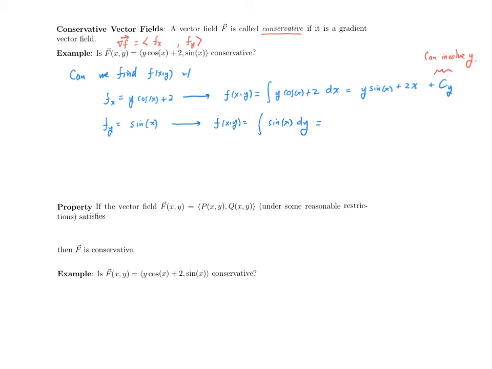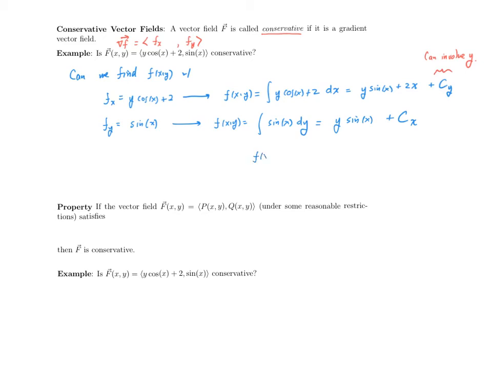That is, we treat sine x as a constant to get back y sine x plus a constant. But because this constant represents all quantities whose derivative with respect to y is 0, it can involve an x. And if f is truly conservative, we should be able to combine these together so that we represent f as a single function of x and y.